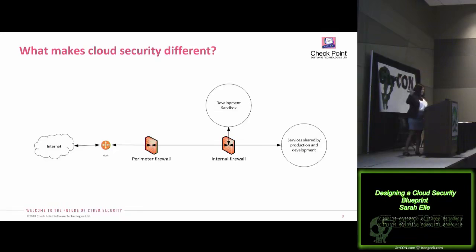Now let's take a look at what this environment may look like in the cloud. In my example, I have assigned an engineer to create this in the cloud. I have no design, I have no policy for what my public cloud environment looks like.